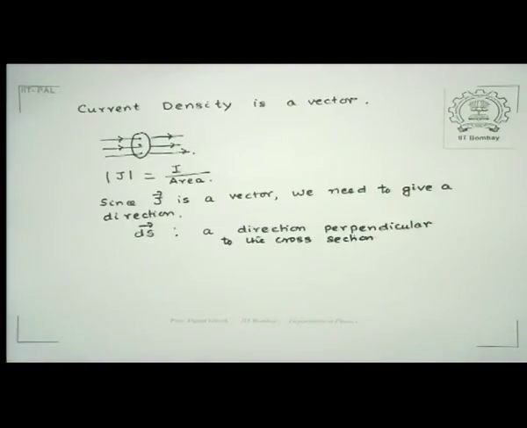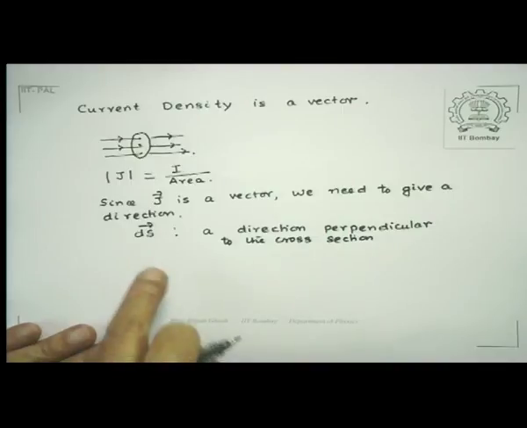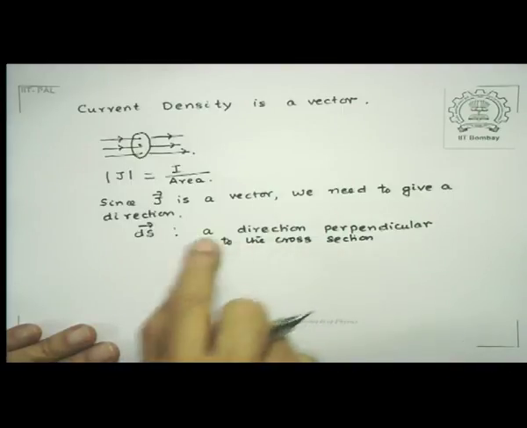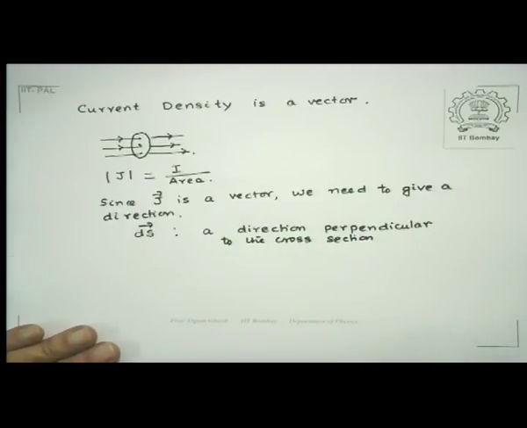Obviously this definition makes sense only if the area is infinitesimally small. Now, every surface has two directions: one in which the current is coming in, and the other side of the surface is the direction from where the current is coming out.